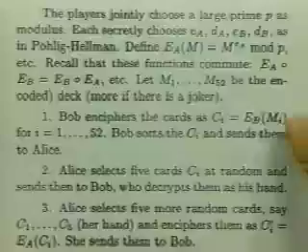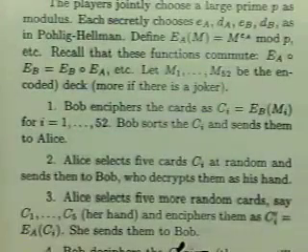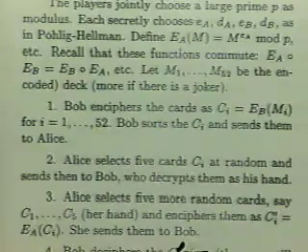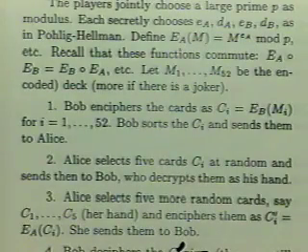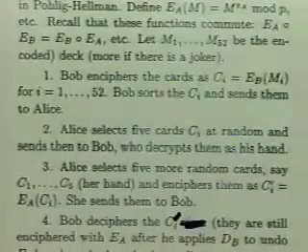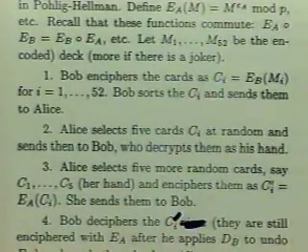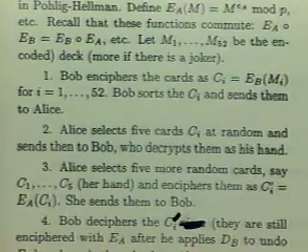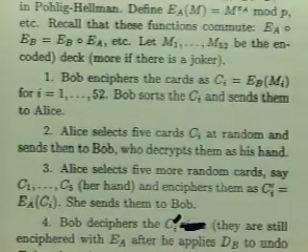So now let M1 up to M52 be 52 numbers which represent the deck. If you have a joker, you'll have 1 or 2 more cards. That's all right too. At the beginning of the protocol, Bob is going to shuffle the deck, and then Alice is going to deal.